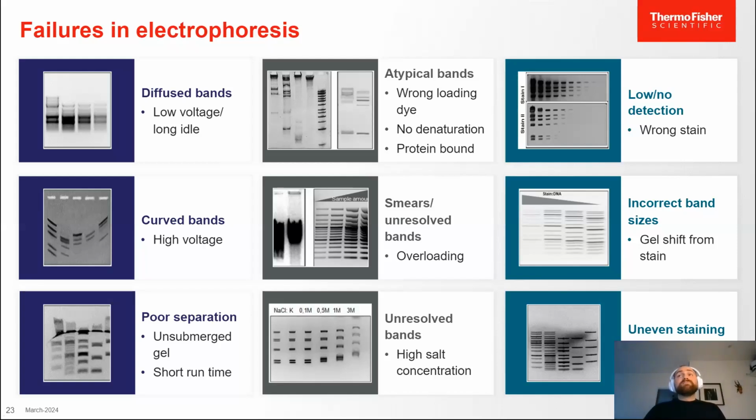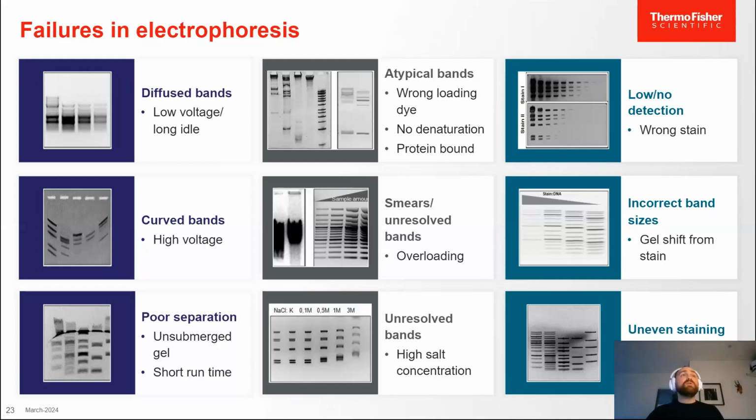If you have no detection, you might have run the gel the opposite way. If you don't have a ladder and you don't have your samples, you probably ran the gel the opposite way, so you switched the electric field and the sample ran off. Or your sample is not concentrated enough, so you need to add more of it, or you are using the wrong stain.